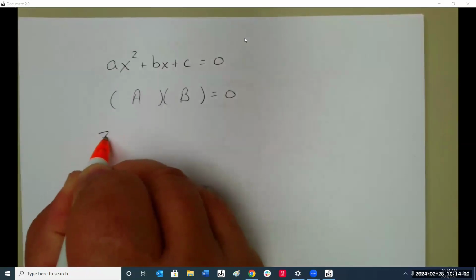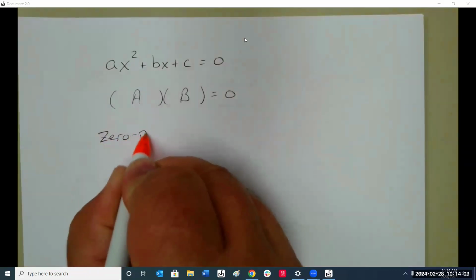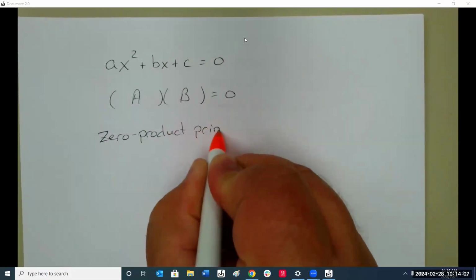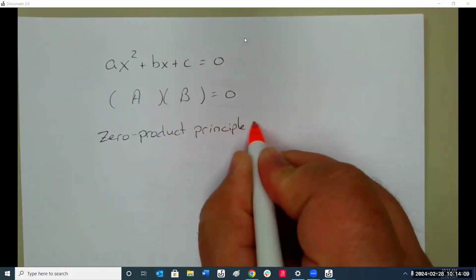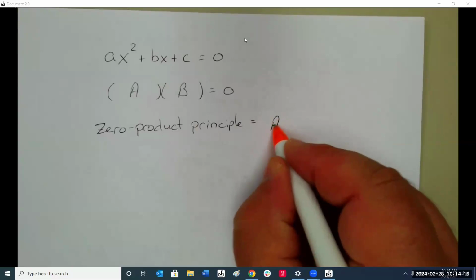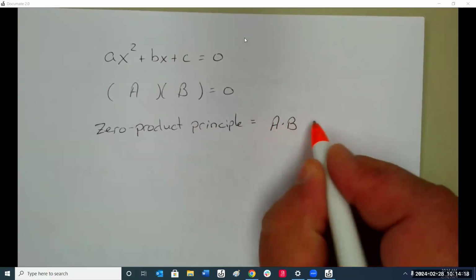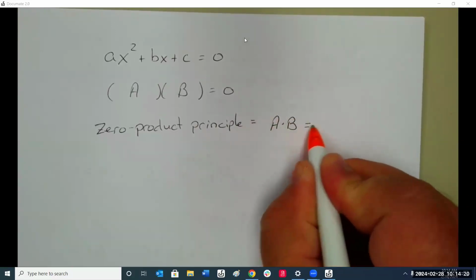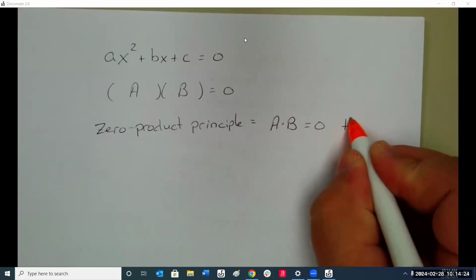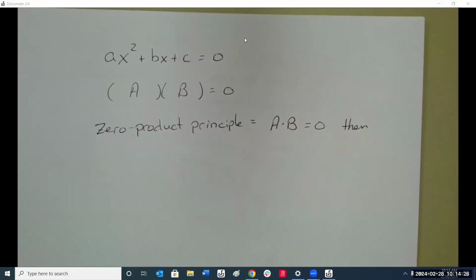There's a principle called the zero product principle that says this. If you have two numbers, A times B, and they equal 0, then what has to be true?